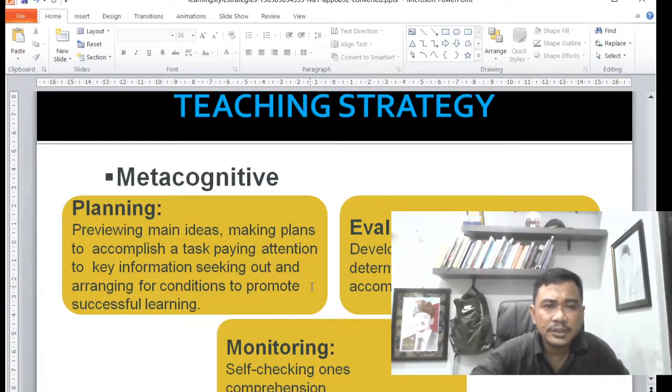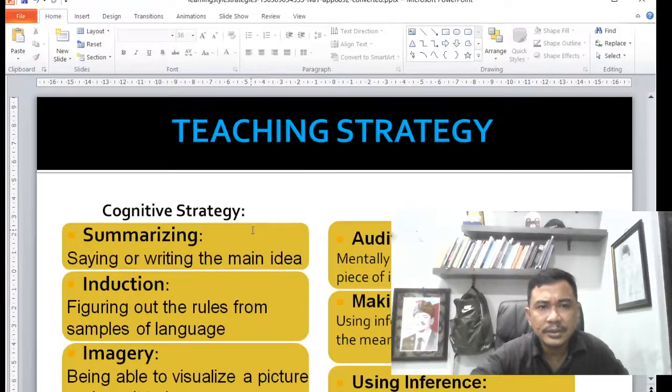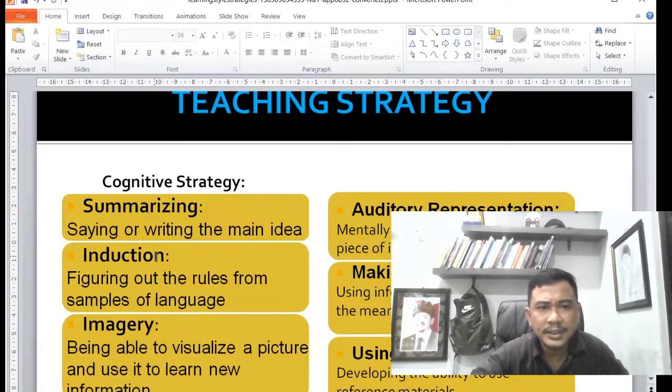So, teaching strategy. I will only talk about this slightly because you have to read more. It's quite complex to understand in only one section. Metacognitive: you have to deal with planning, monitoring, and evaluating. That is the step of metacognitive. Cognitive strategy is summarizing, induction, imagery, which relates to representation, making inference, using inference.